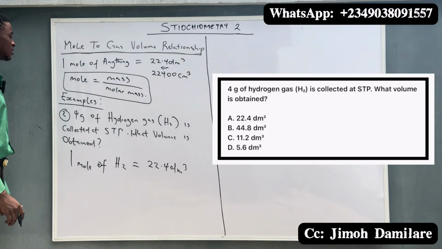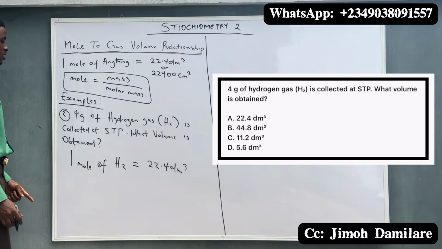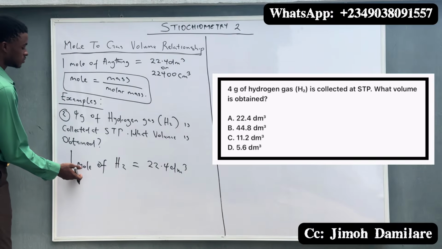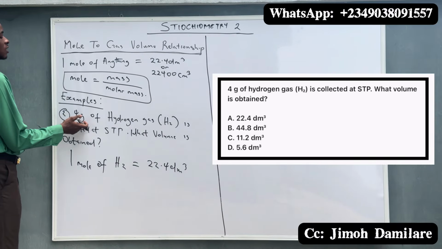So now the question says 4 grams of hydrogen gas. So we cannot put 4 grams here because this must be in mole. So we have to convert this 4 grams to mole.